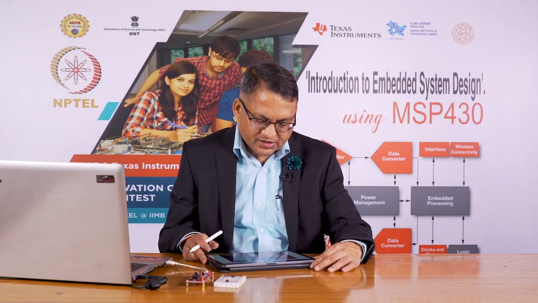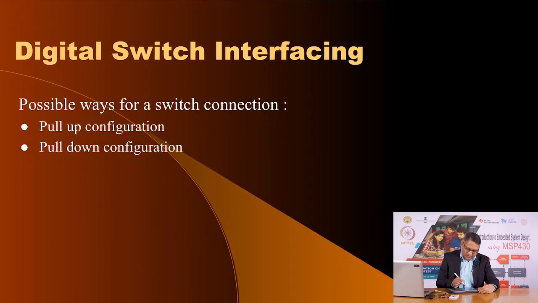Now, because of this, the switch will often bounce, as we have discussed, but before that the switch has two states, open and closed, and these two states we have to translate into logic levels.